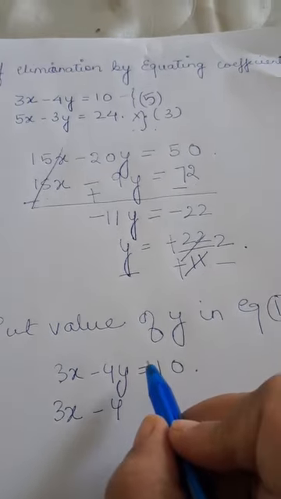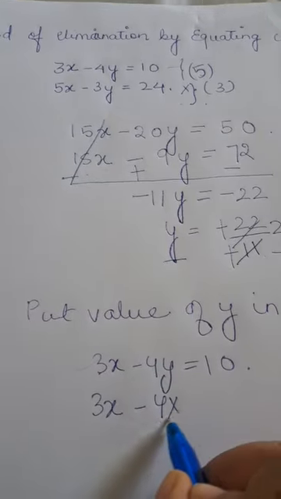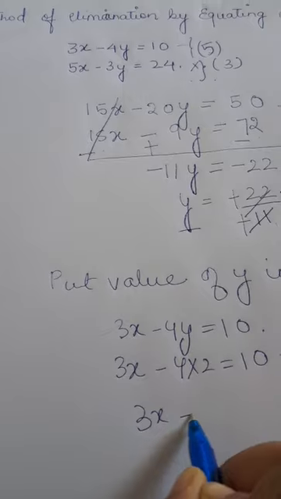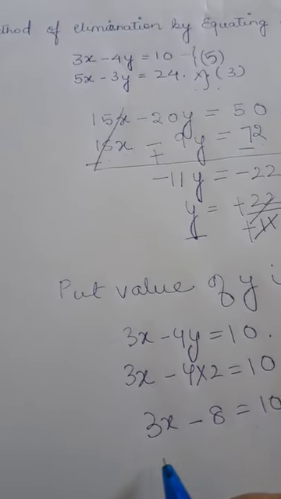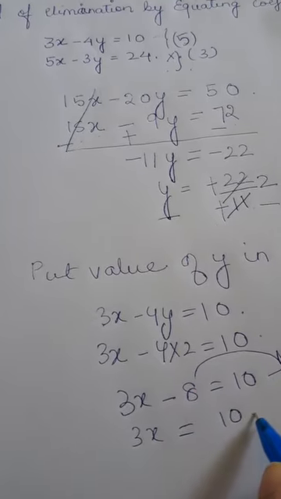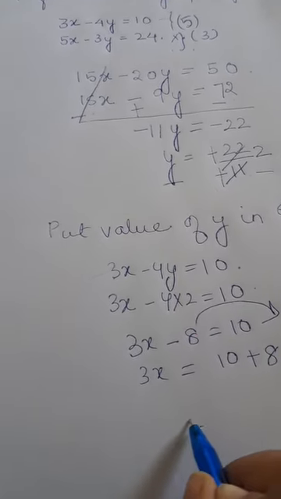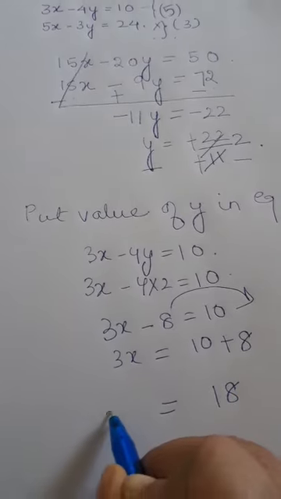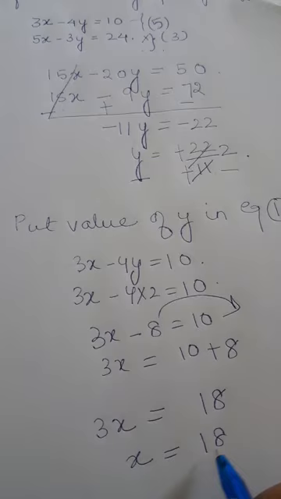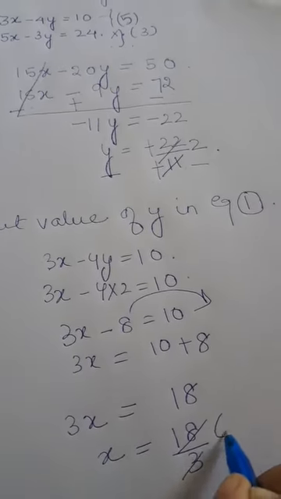So 3x minus 4 into 2 is equal to 10. 3x minus 8 is equal to 10. 8 comes here and minus 8 becomes plus 8. That is 18. 3x is equal to 18, x is equal to 18 upon 3, that is 6.